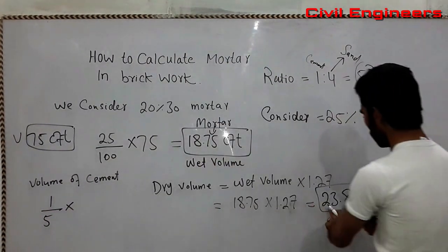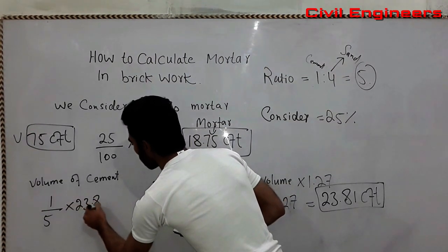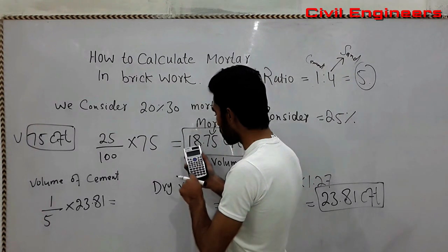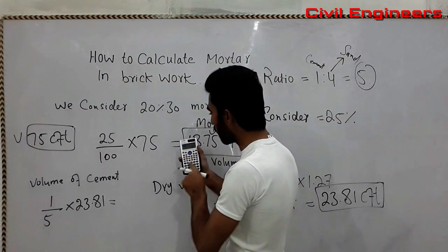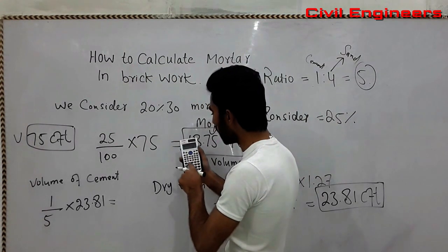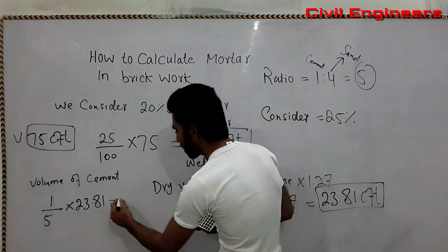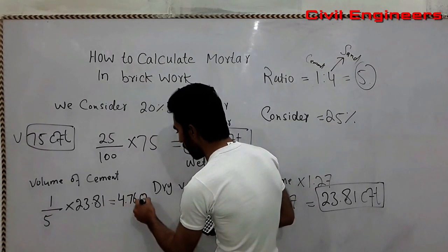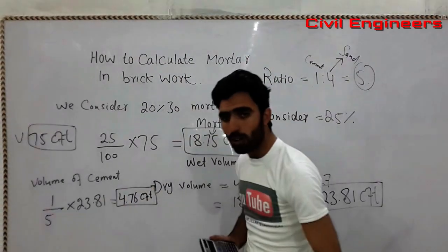Quantity is dry volume 23.81. So how many cubic feet are required here? 1 divided by 5, multiply 23.81. It will give you 4.76 CFT. So this is the volume for cement.